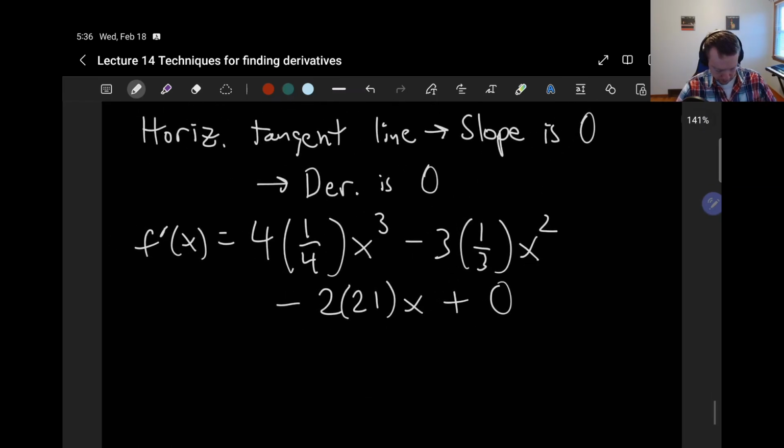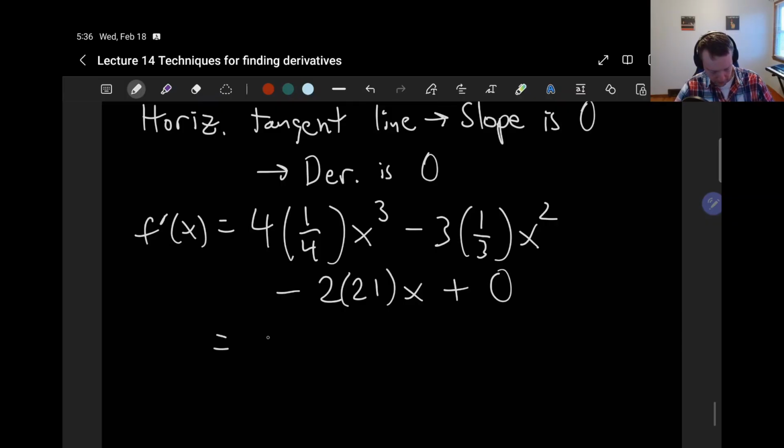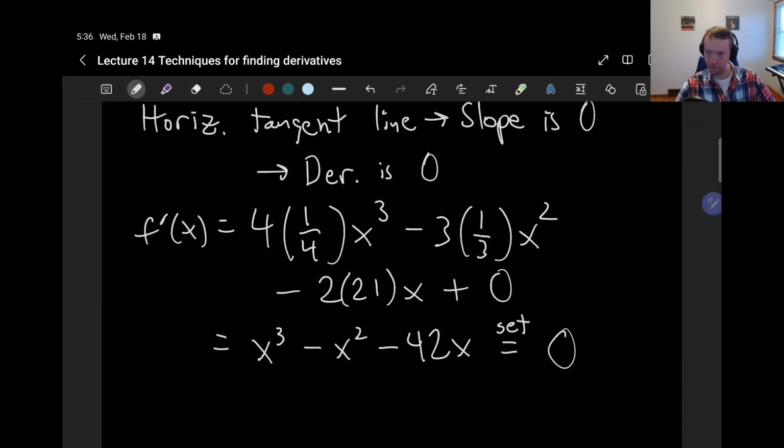So we've got it. Simplify. We get x cubed minus x squared minus 42x. Now our goal is to set this equal to 0, because we're trying to find the x where this derivative is 0.